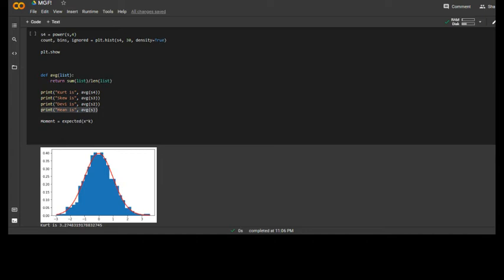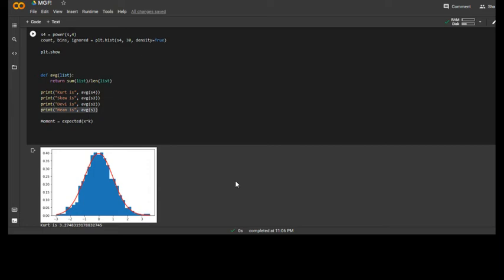So the left and the right sides are balanced, completely balanced, but it can still be non-symmetric, asymmetric. All symmetric things will have a skew of 0, like the normal curve. It's completely symmetric. The normal curve has a skew of 0. All symmetric curves have a skew of 0, but you can be non-symmetric and you can still have a skew of 0.